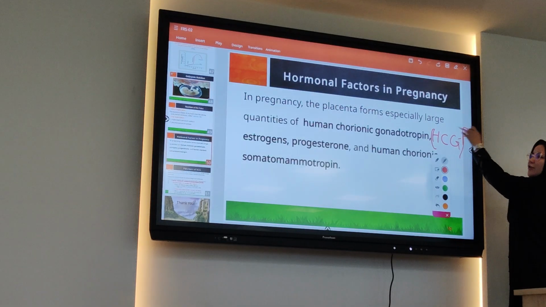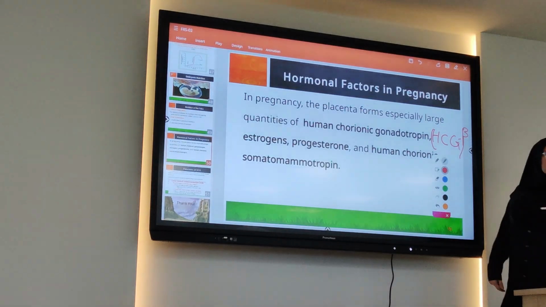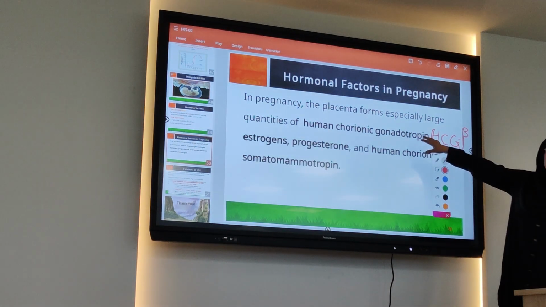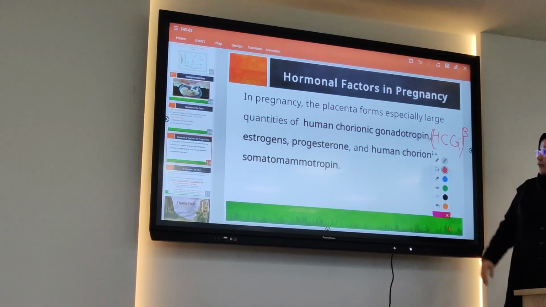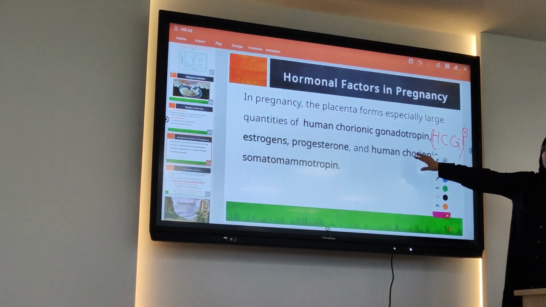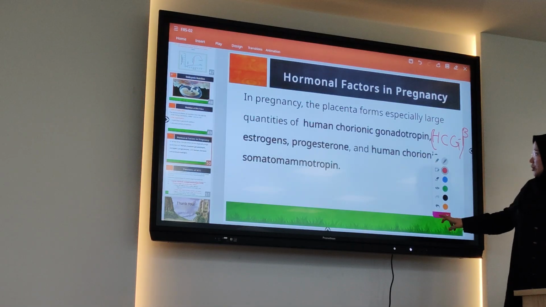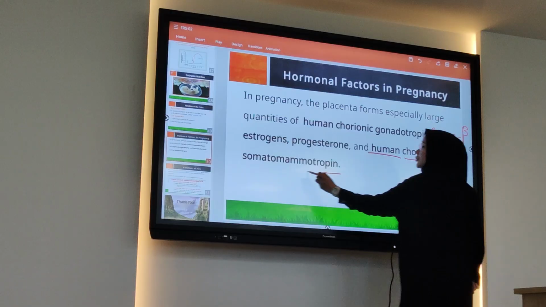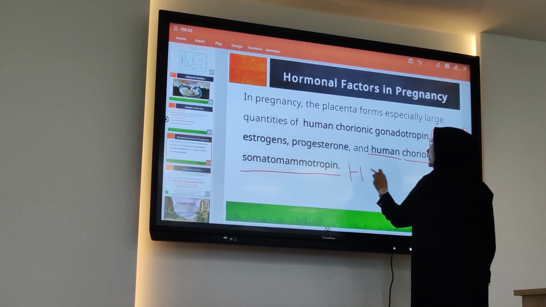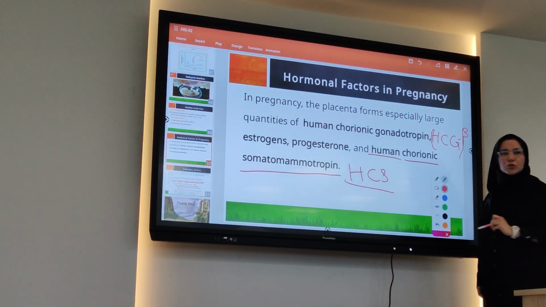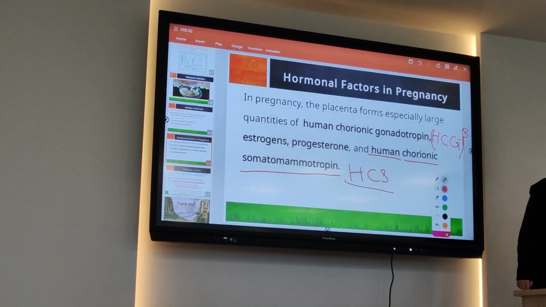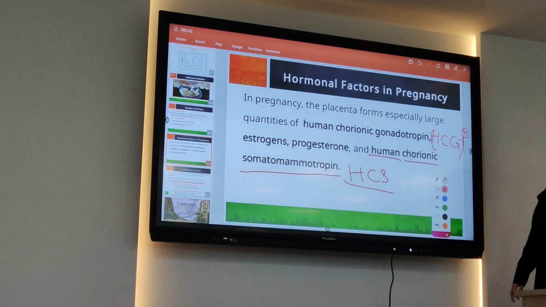HCG has 2 parts, alpha and beta. We check beta HCG in the blood or urine for checking the pregnancy. The HCG increases in the first and second month of pregnancy. The 4th hormone, the last hormone related to pregnancy, is human chorionic somatomammotropin, HCS. These are the 4 hormones that are important during pregnancy.